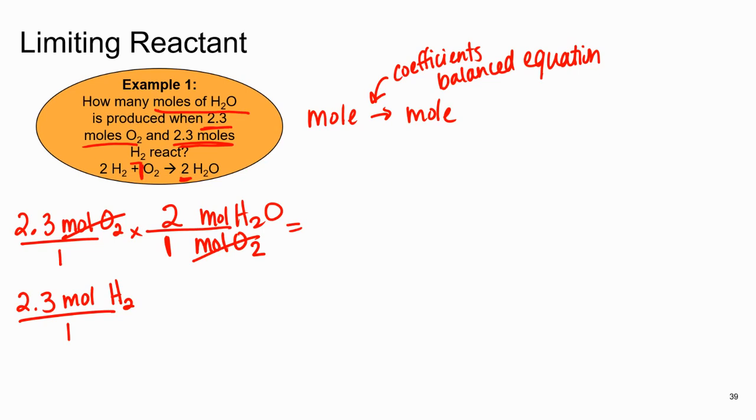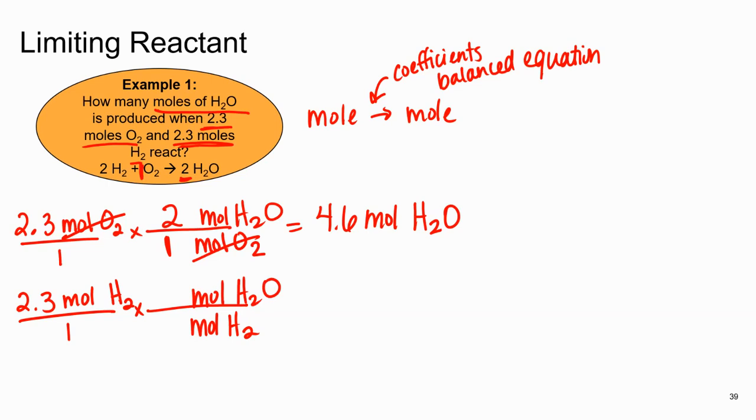And so we just get 4.6 moles of water are produced from the oxygen. Now we're going to do the same thing for hydrogen. Bring down moles of hydrogen. We want to know how many moles of water can be produced. We know for hydrogen, it's 2 to 2. Well, those 2's actually just cancel, and so 2.3 moles of water can be produced from the hydrogen.